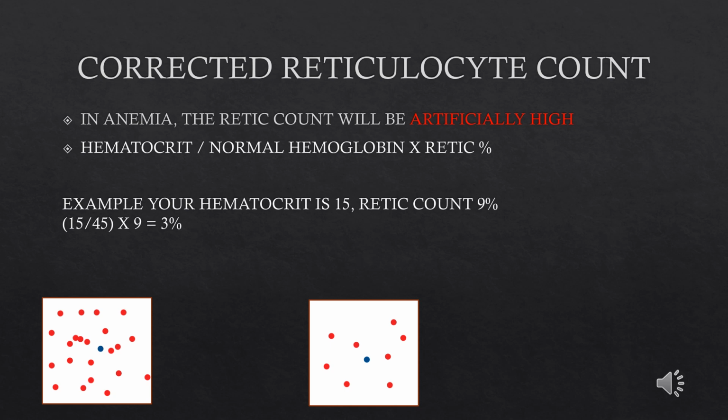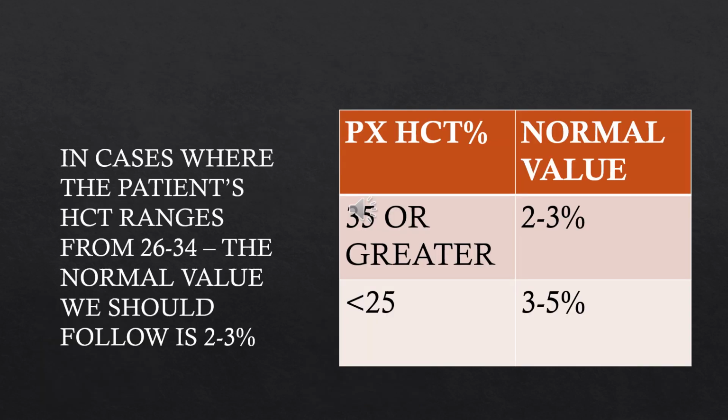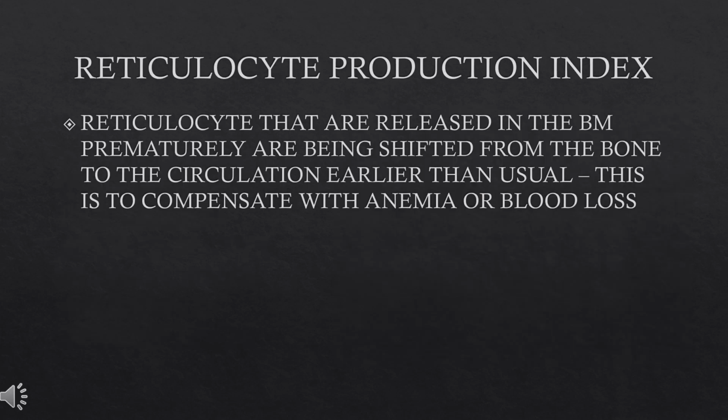That will be your answer. In cases where the patient's hematocrit ranges from 26 to 34, the normal value we should follow is 2 to 3%. Again, for 35 or greater, 2 to 3%, while if less than 25, you use 3 to 5% as your normal value.